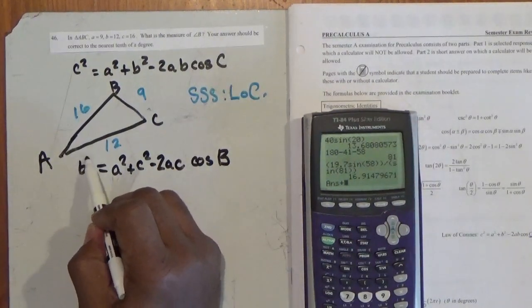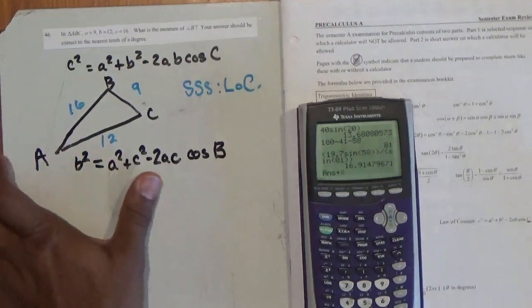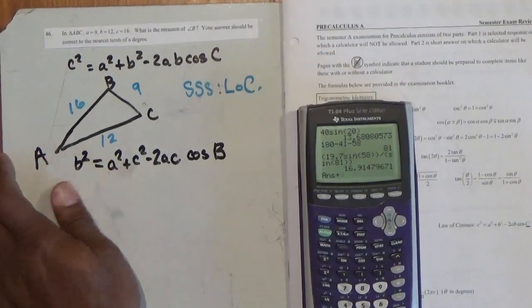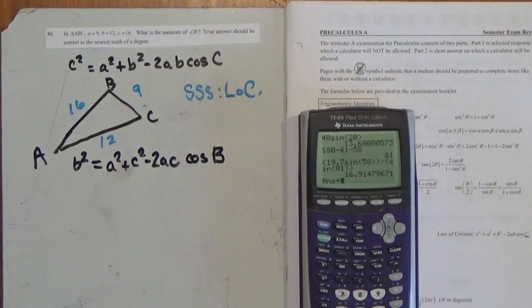And that's B squared out in the front. That's what we want to use if we're solving for angle B, and that's what we're solving for in this problem. So let's keep going.